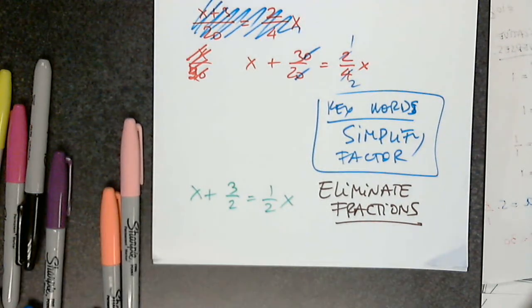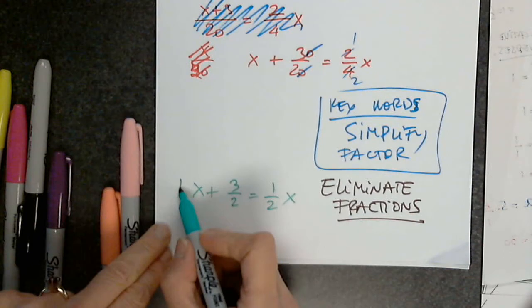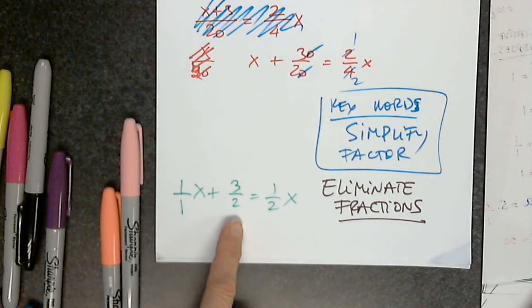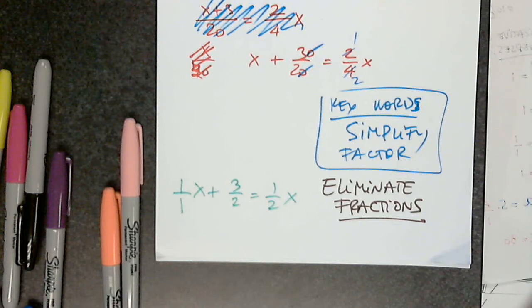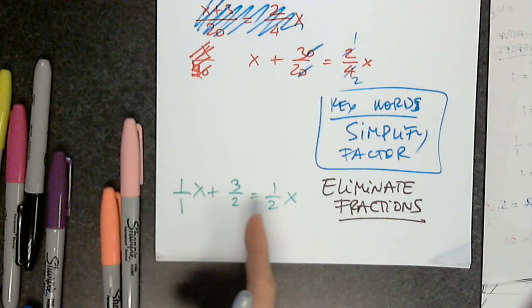What will be the least common denominator? And how many fractions do I see? I see 3 fractions. I see a fraction with a denominator of 1. I see a fraction with a denominator of 2. And I see a fraction with a denominator of 2. All these terms have a fraction. What would be the least common denominator of 1, 2, and 2?